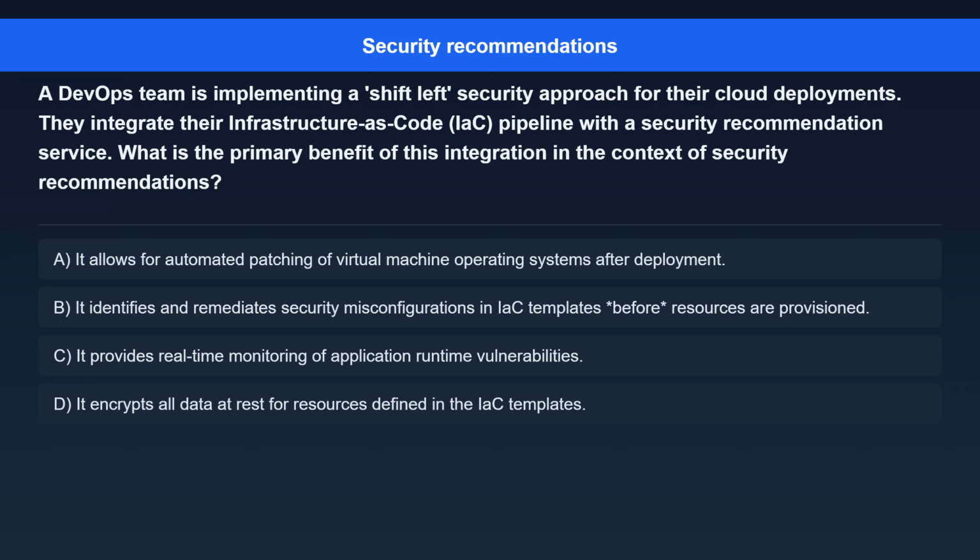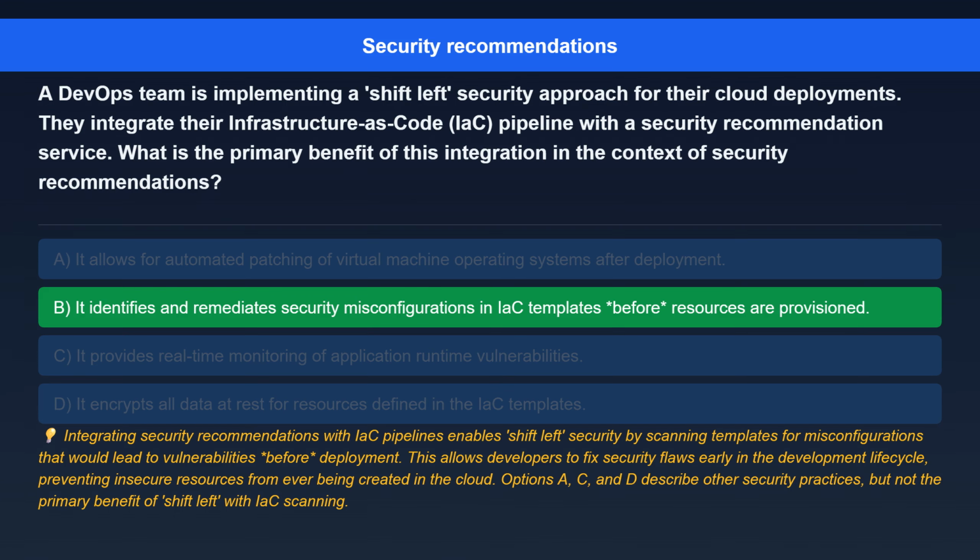Option B. It identifies and remediates security misconfigurations in IaC templates before resources are provisioned. Option C. It provides real-time monitoring of application runtime vulnerabilities. Option D. It encrypts all data at rest for resources defined in the IaC templates.